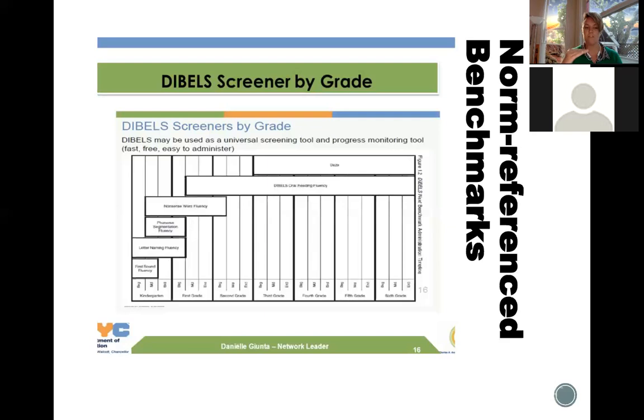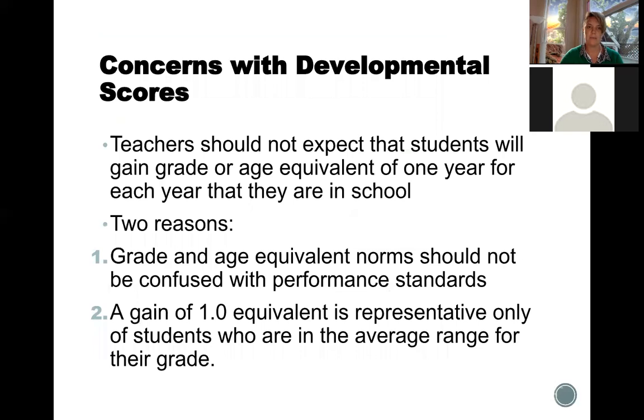So the norm referenced meant that you could figure out, oh, this also makes a prediction. So I might come back to this later because we're going to go through how tests do that in terms of reliability and validity here coming up.